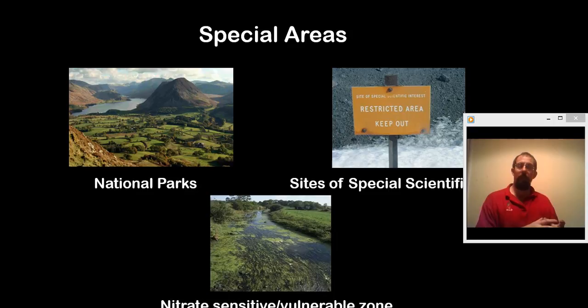Now, if nitrates are particularly high in an area, one way in which we can cut down on them is to limit, or even prevent, the amount of nitrogen fertilizers and manures that are used. So these areas are classified as nitrate sensitive or nitrate vulnerable zones, and the amount of fertilizers or manures that can be used are either limited or prevented altogether.